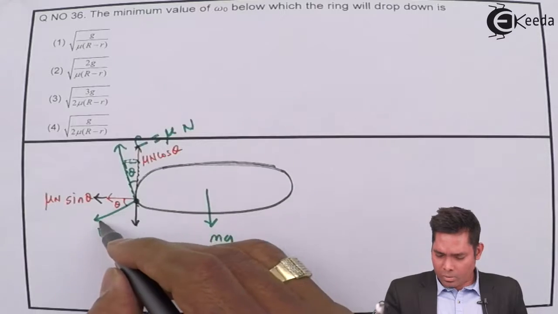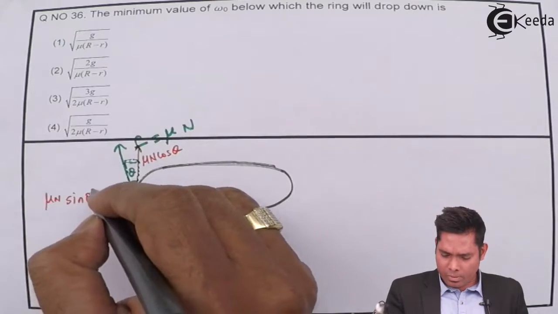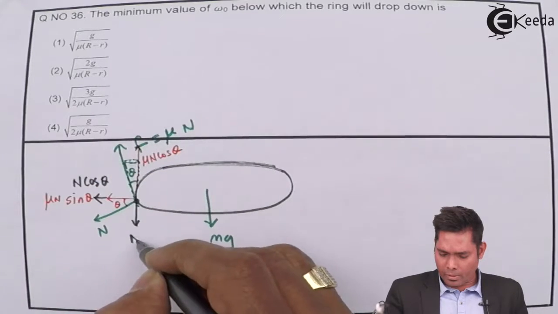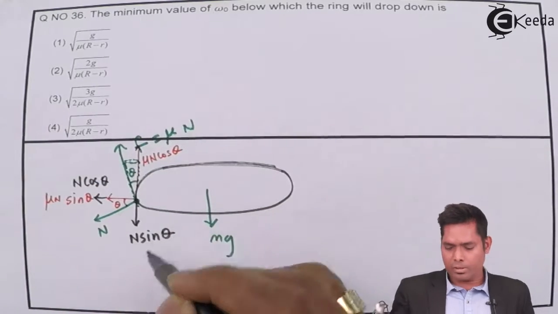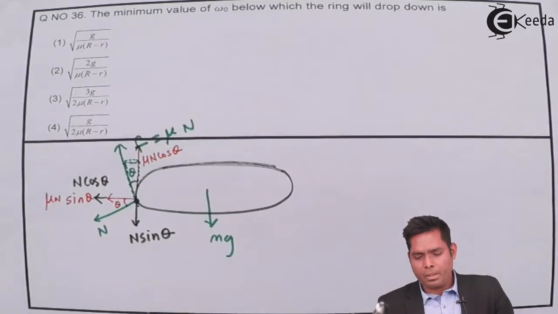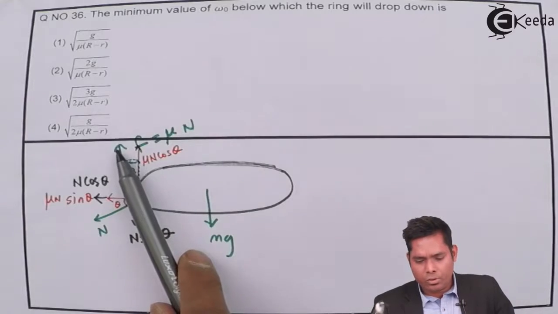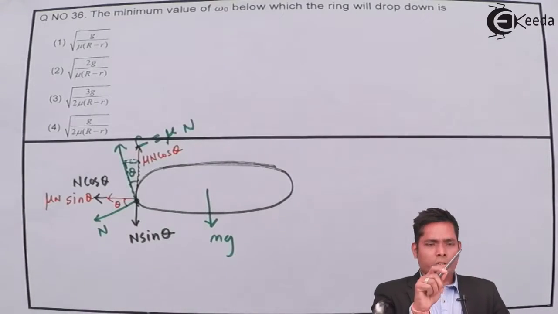This becomes N cos theta, and this vector will be N sin theta.